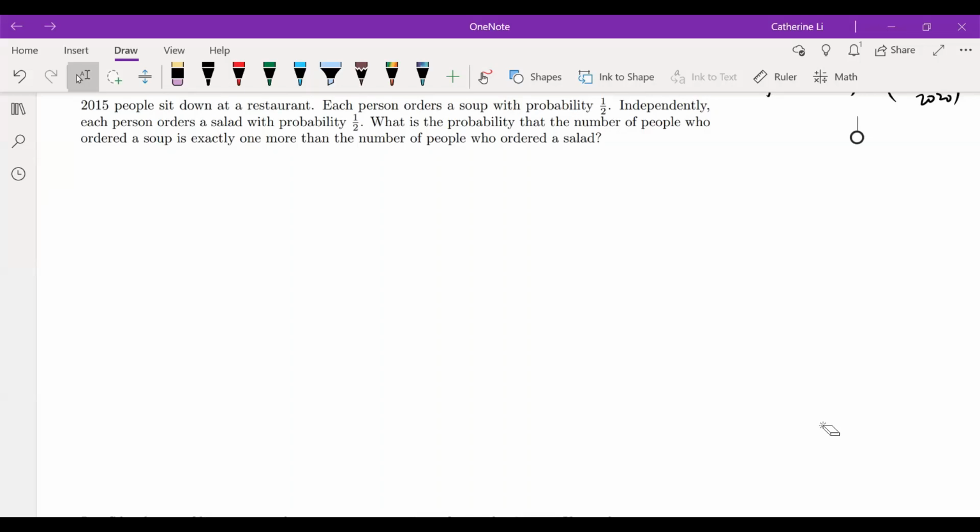Okay, so for this one, I guess just to interpret the problem, we're going to have 1/2 to the, let's say, I times 1/2 to the I plus 1, where the first product represents the probability that I people order salad, and then this is the probability that I plus 1 people, which is one more, order soup.